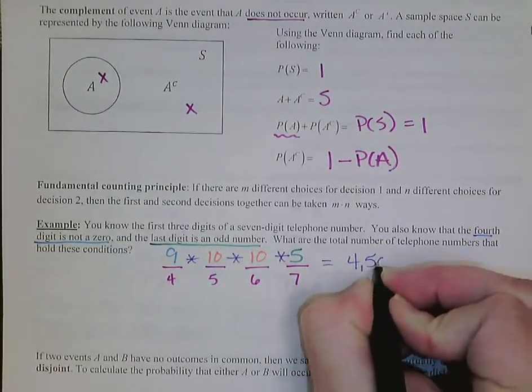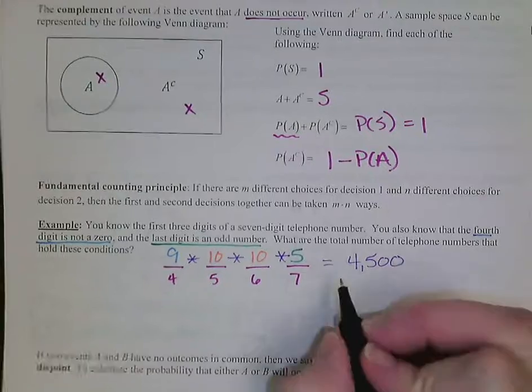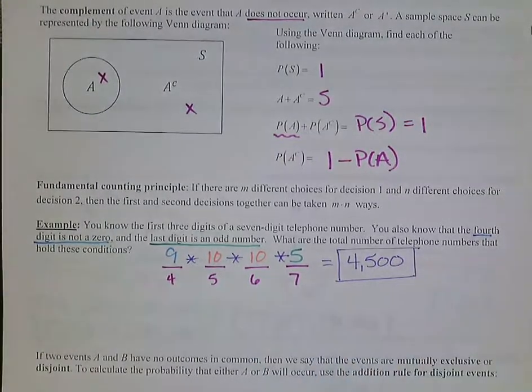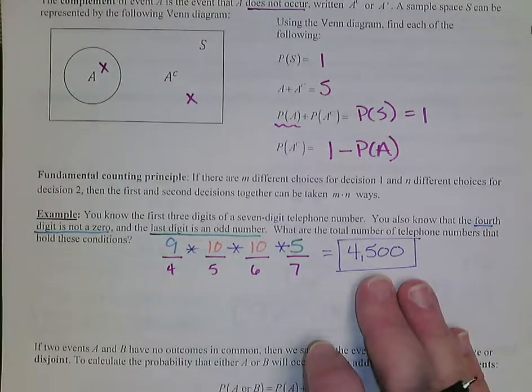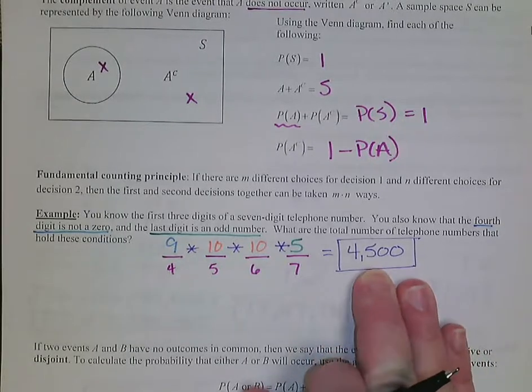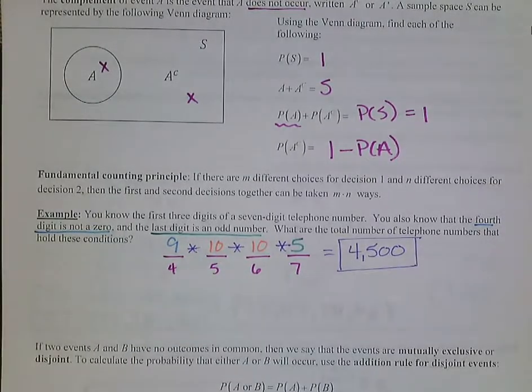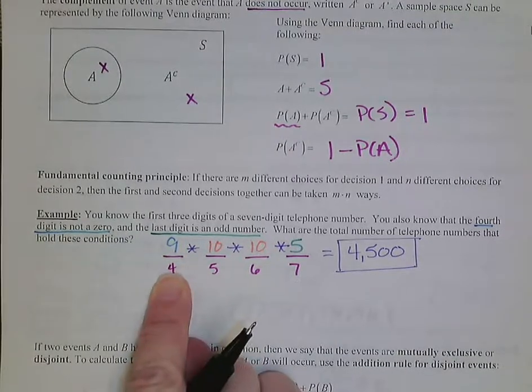So there are 4,500 different combinations of numbers that would fit that criteria, which means that if we're trying to guess what that number is, the odds of us guessing correctly are not looking very good, because there are 4,500 different combinations that we could have, anything but a 0 here and an odd number here.